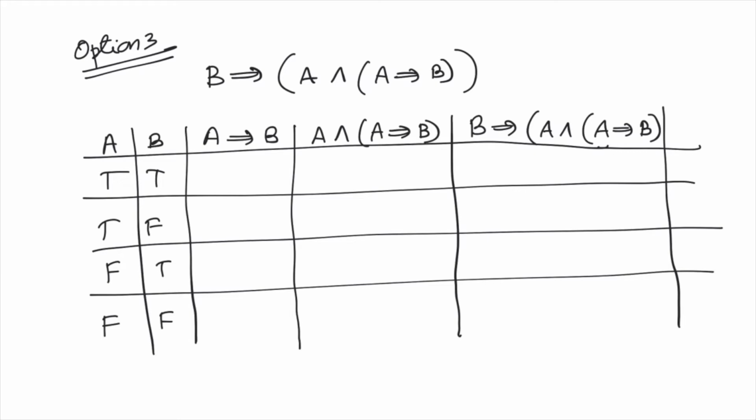Now, what is A implies B? A implies B will be false when A is true and B is false.